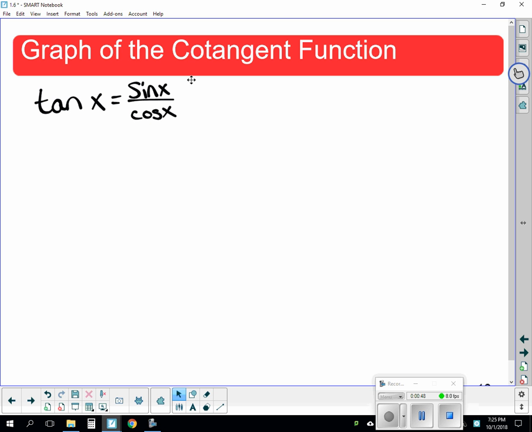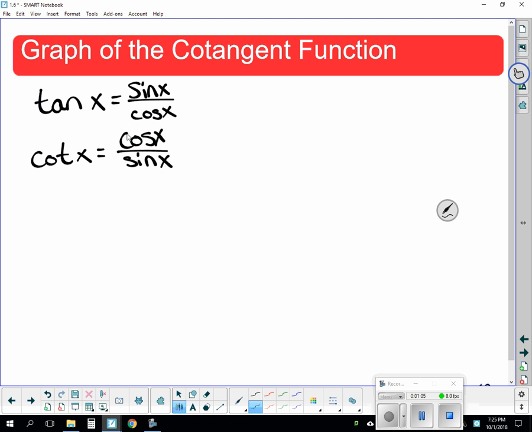So we knew we had undefined values when cosine of x would equal 0, and that's where our asymptotes came up. But with cotangent of x, because it's the reciprocal, that means it's equal to cosine of x over sine of x. So that means our vertical asymptotes are going to occur when sine of x equals 0.